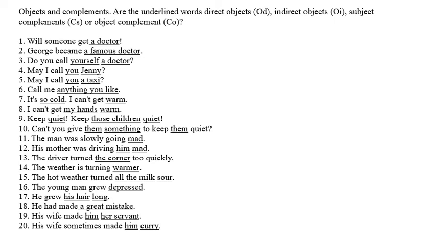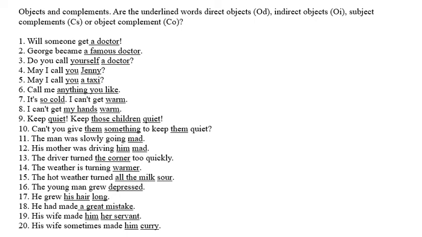So we've got call and then it's followed by you. This is a direct object. And Jenny is the description of you. So Jenny, as in the example before, is an object complement. May I call you a taxi means may I call a taxi for you? Okay, so this is ditransitive. There are two objects. So a taxi is a direct object and you an indirect object.